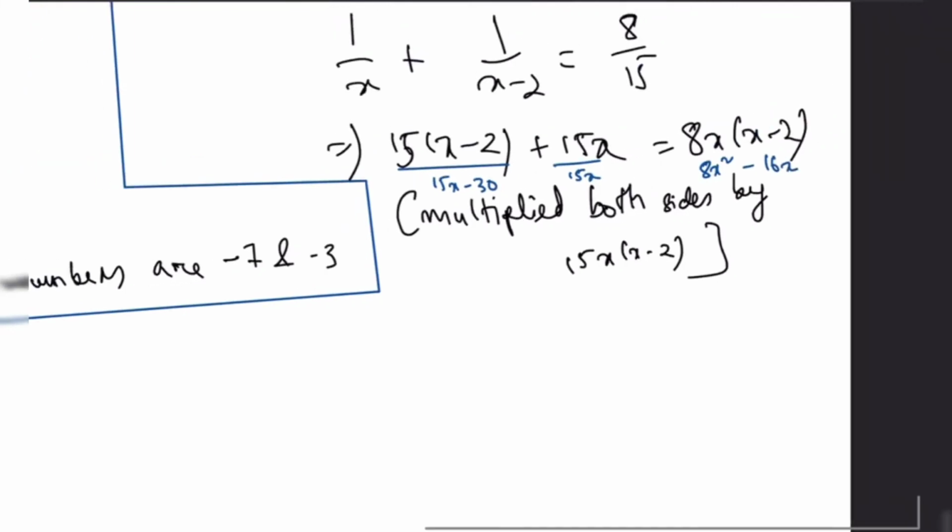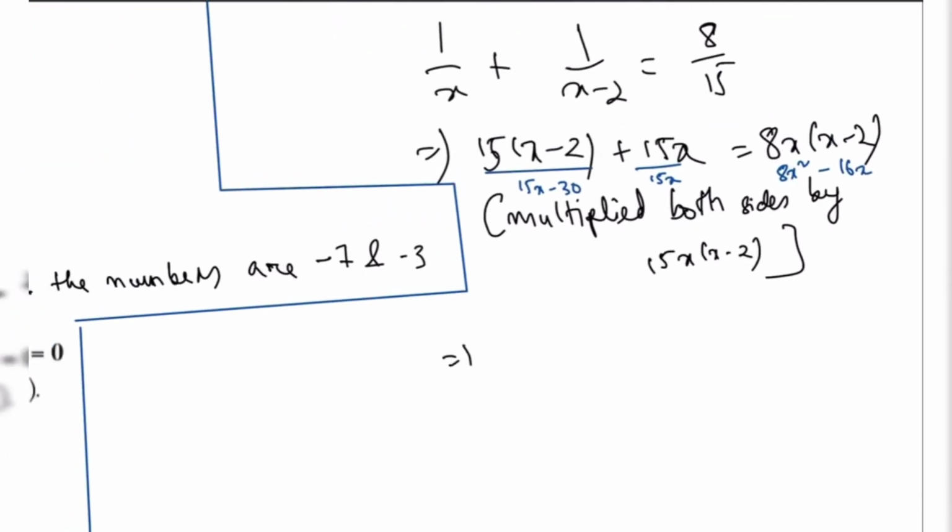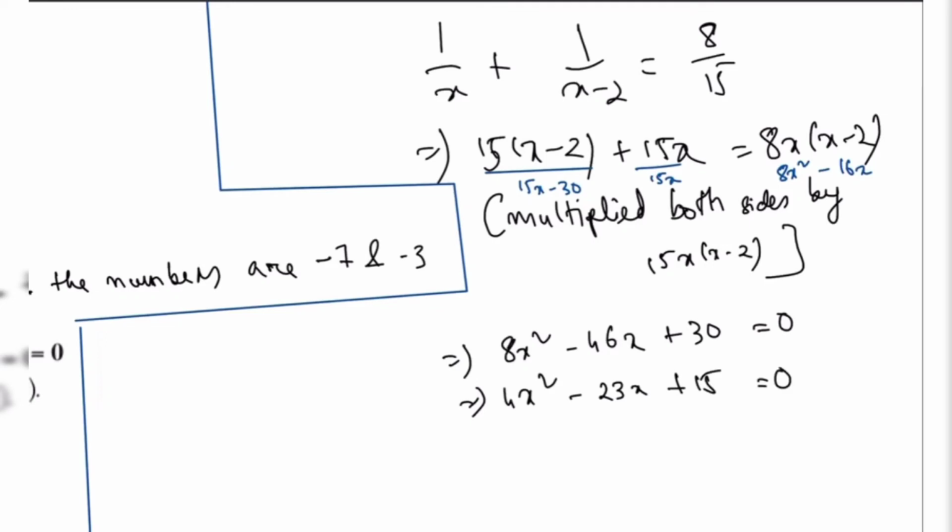So let's use this and write our equation. 8x square, you see there is a 30x here, so minus 16 minus 30 is minus 46x plus 30 equals 0, implies 4x square minus 23x plus 15 equals 0.